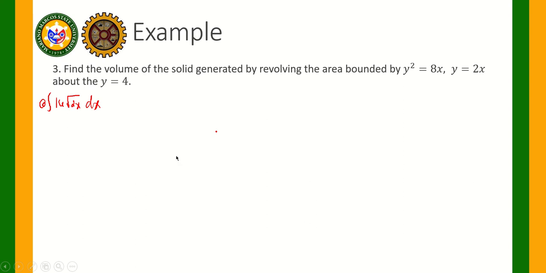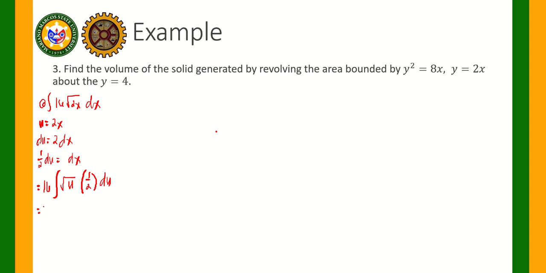So let u tayo. Let u be equal to 2x, du be equal to 2 dx, and then 1 half du is equal to dx. Okay? So, pwede natin tong i-substitute dito. So, this will be equal to, isolate natin si 16, and then square root of u times 1 half du.